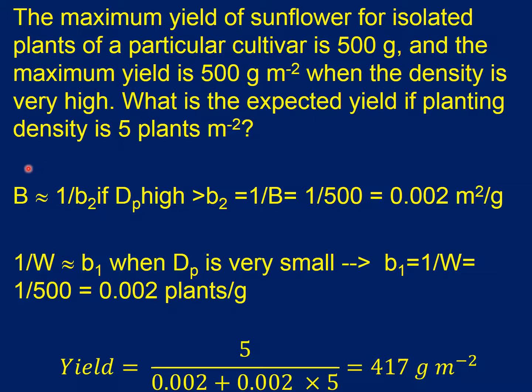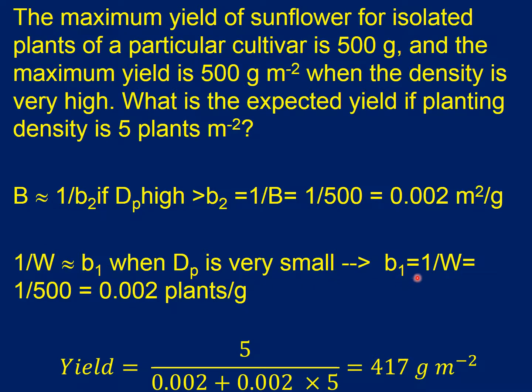First, biomass is the inverse of b2 if dP is very high. So b2 is the inverse of 500 grams per square meter. In other words, 0.002 square meters per gram. On the other hand, b1 is the inverse of the single plant mass when dP is very small, for isolated plants.